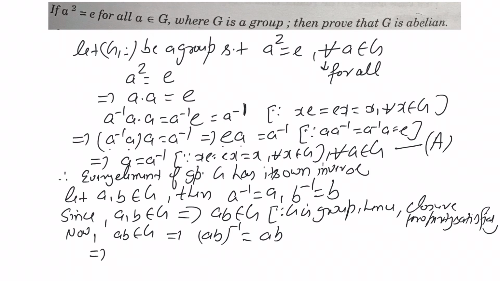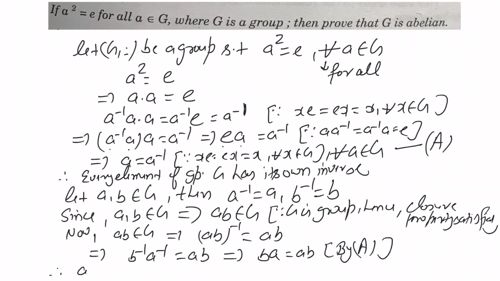Now opening the inverse, and we know the inverse opens in the reverse order. If we have b at the second place, then b inverse will come first, and a at the first place, a inverse will come at the second place. So this will be b inverse a inverse is equal to ab. By the condition, b inverse is b and a inverse is a, so ab is equal to ba.